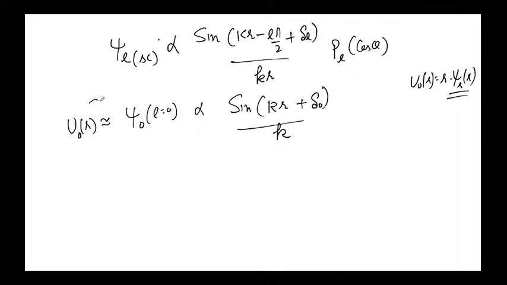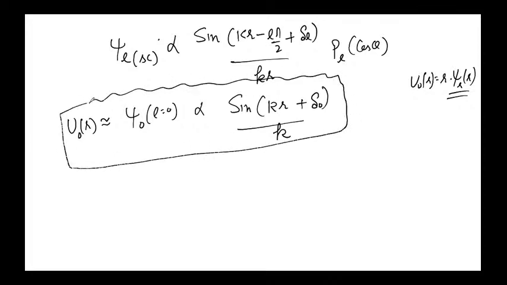So this is the radial wave solution of the scattered wave at larger distances. So the wave function for the phase shift will be the same. The phase shift has a value from minus pi by 2 to plus pi by 2.